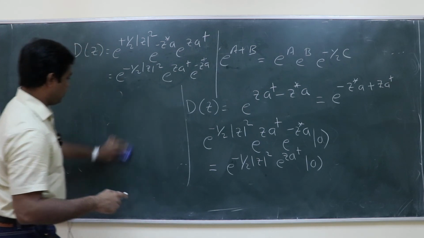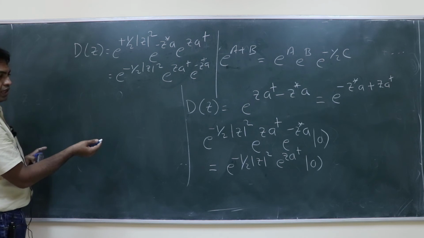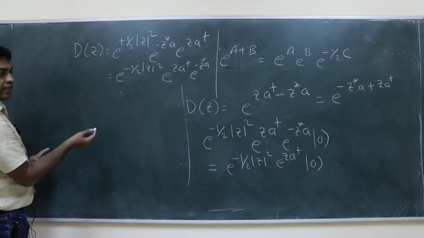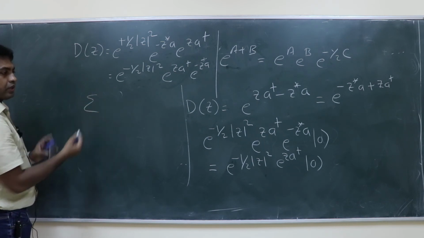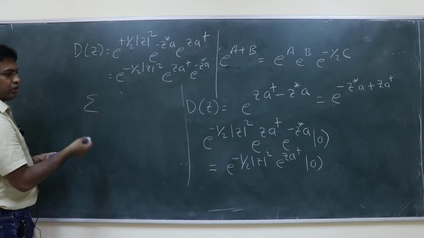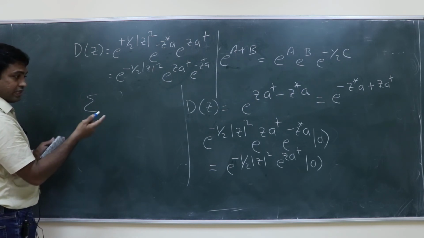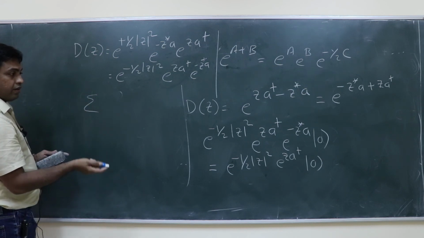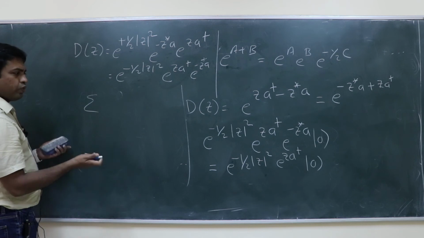So all of you take 2 minutes to find that. Expand the series, exponential z a dagger, and see whether you can write it as a summation. The exponential is a sum of z a dagger power n by n factorial, acting on ket 0. So 2 ways you can do it.